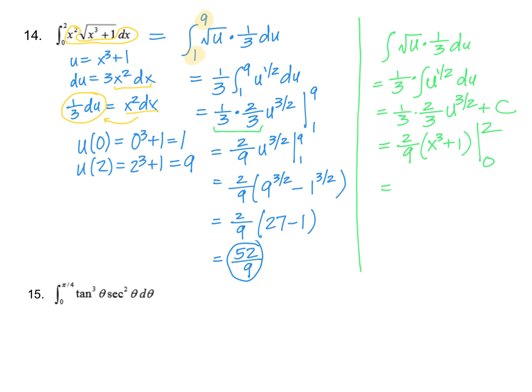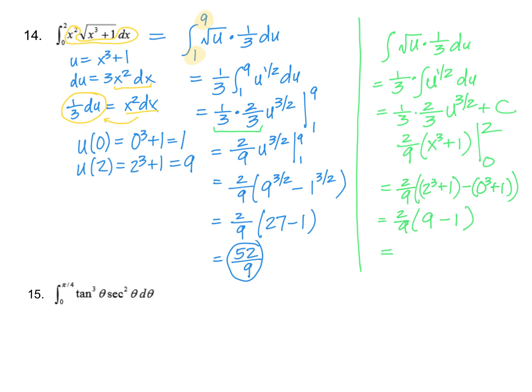I would just have you take out that equal sign and start anew. All right, so then you have this. So you have 2/9. I'm going to plug 2 in, so 2 cubed plus 1. And then I'm going to plug 0 in, 0 cubed plus 1. And so I have 2/9 times, this is 9 minus 1.